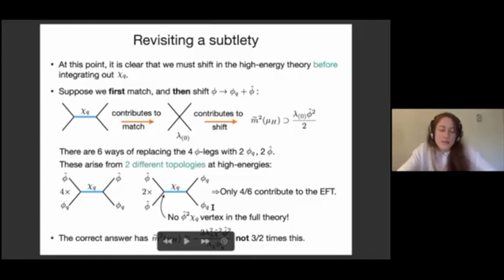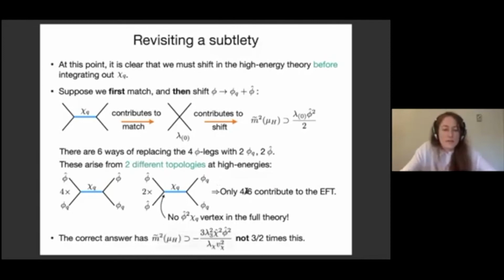However, this sort of diagram that I wrote on the right-hand side just doesn't exist in the full theory because there's no such phi hat squared chi-quantum vertex in the full theory. So only 4 of these 6 diagrams are supposed to contribute to the EFT.